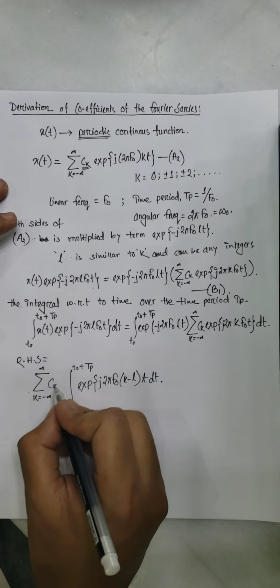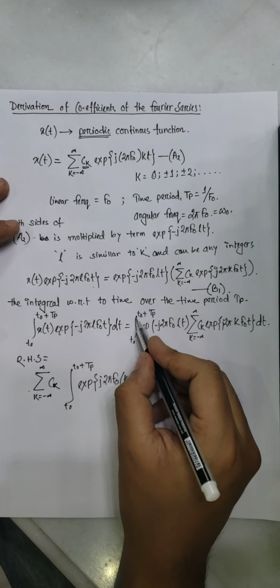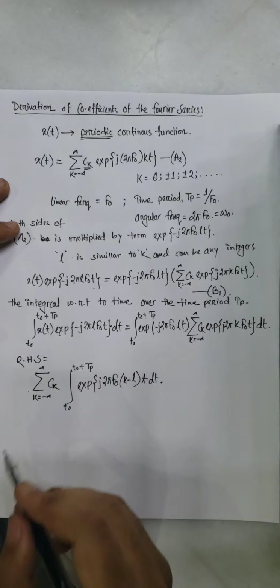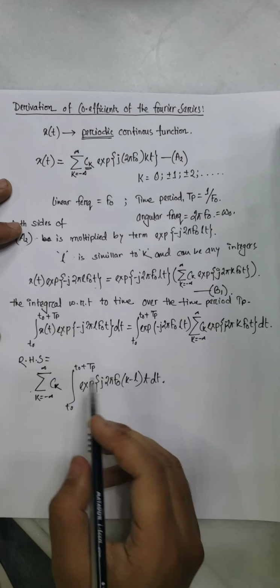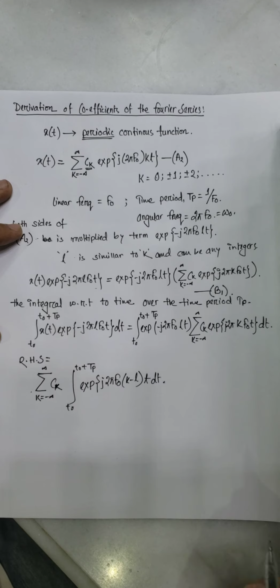And since c of k does not depend upon this integral value, that is, there are no terms of time in ck, it can be brought out of the integrand.